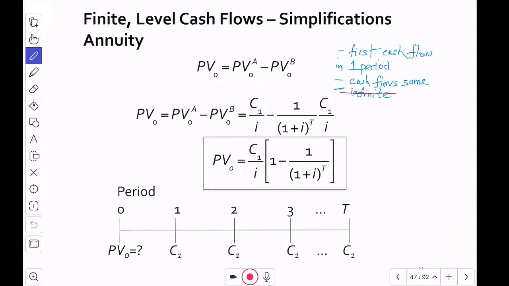Let me see. Hold on. Yeah, it's the whole thing. So this entire thing here is called the annuity factor. And then you just multiply it by the payment.